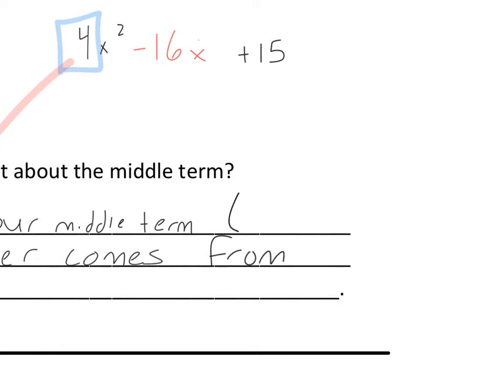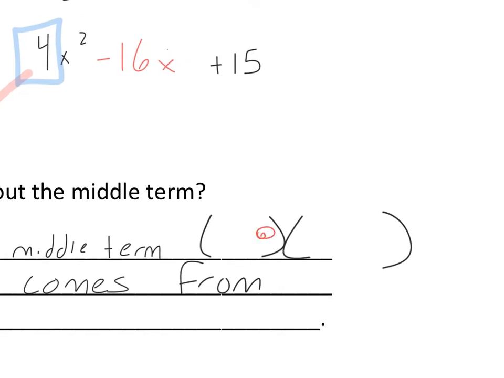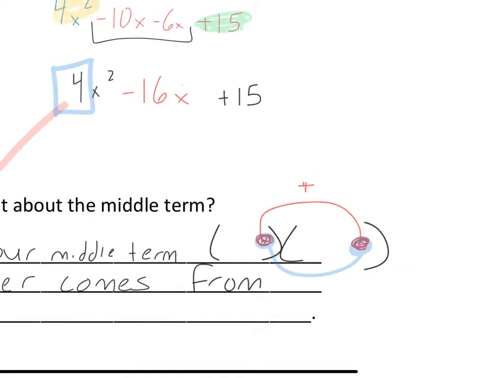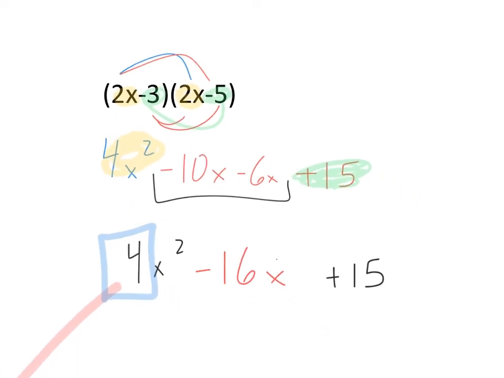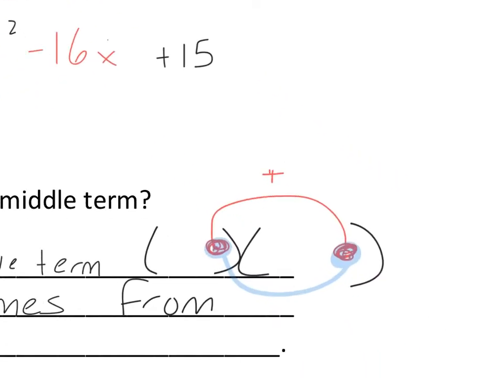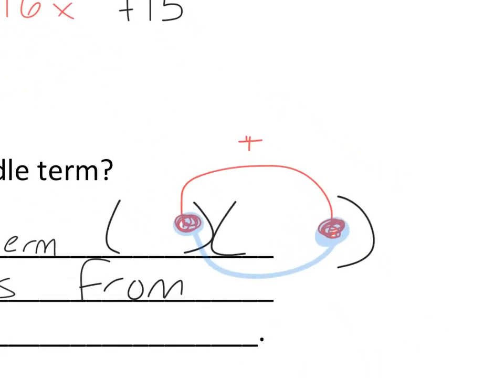Because the way it was last week, the middle term came from this guy plus this guy. And also last week, this guy multiplied by that guy gave us the number on the end. That hasn't changed, right? The negative 3 times negative 5 still gives me the term on the end. But those two numbers will no longer add to the middle term.